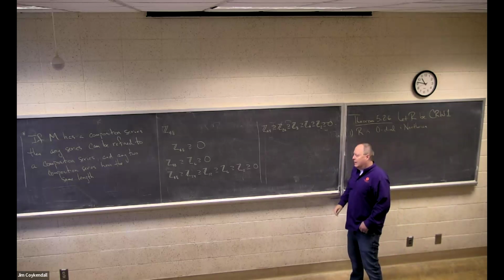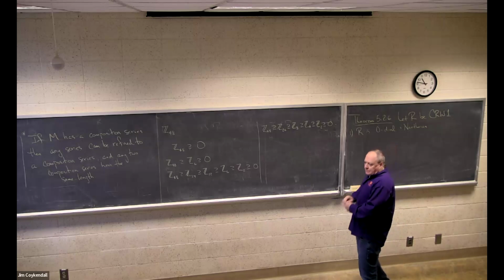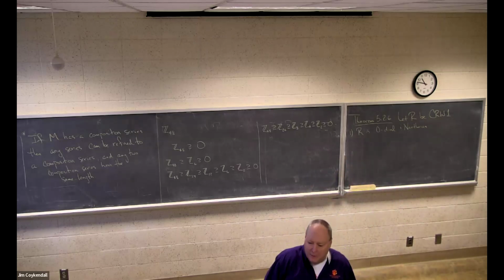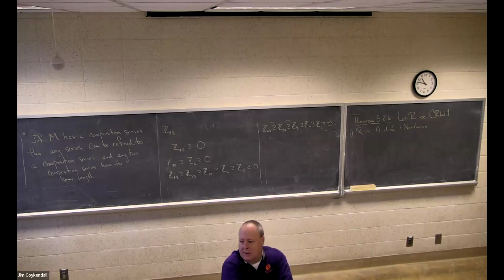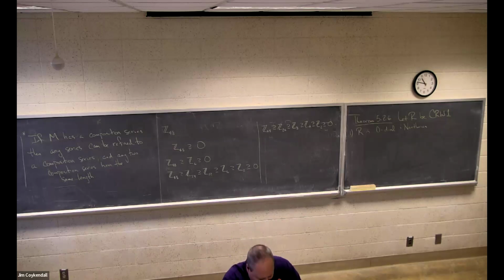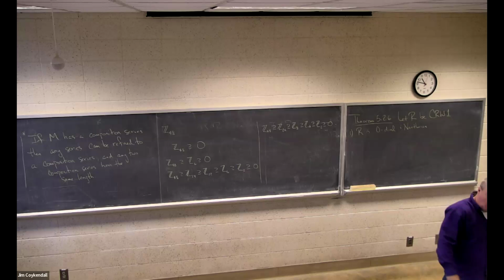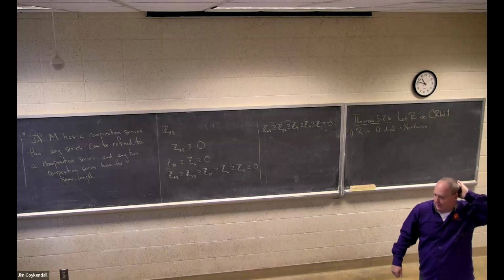Oh, by the way, let me ask you guys something. We talked about Noetherian rings. Can somebody tell me what an Artinian ring is? Right, it satisfies the descending chain condition. Which condition is stronger, ascending chain or descending chain, on the same rings?